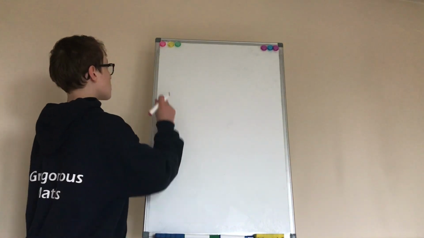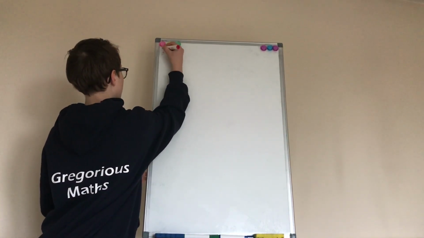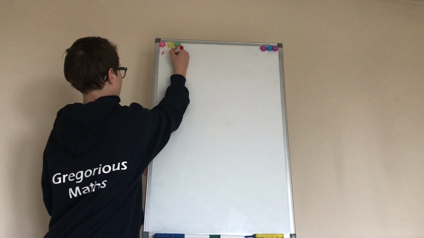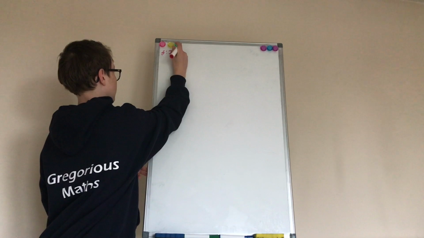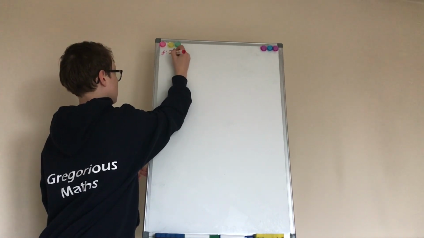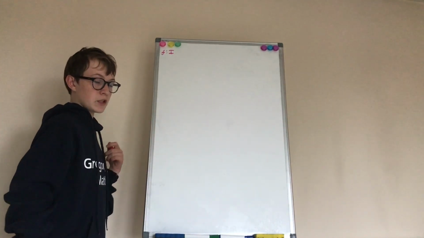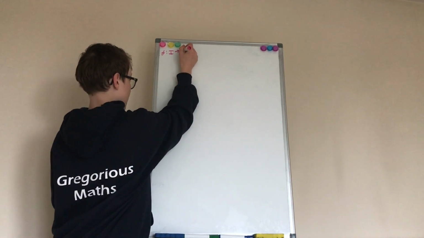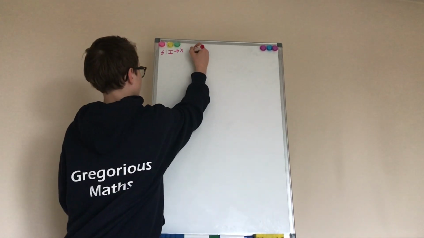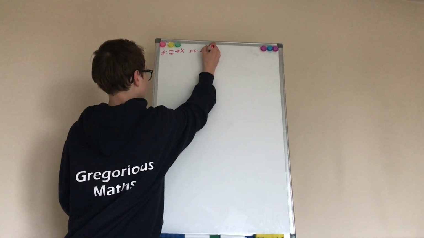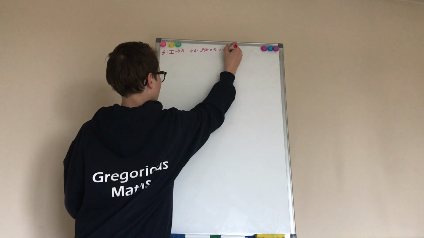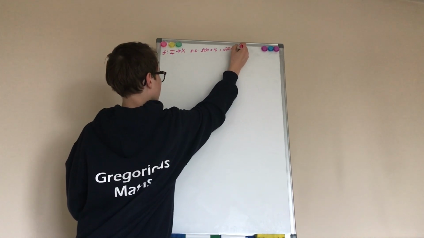A path is a continuous map f which takes you from I, the closed interval between 0 and 1, to some topological space X, such that f of 0 equals x0 and f of 1 equals x1.